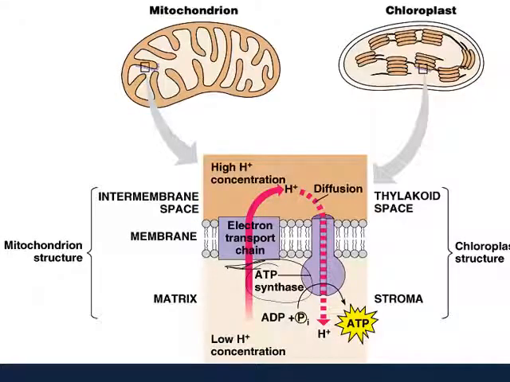Again, some of the animations in the description will show you this process in action for the electron transport chain, for the light reactions, and the ATP synthase for the light reactions. So they both use the same basic principles, which is why many scientists tend to think they were originally an independent form of bacteria that were absorbed by larger cells and then not actually digested as a form of symbiosis.